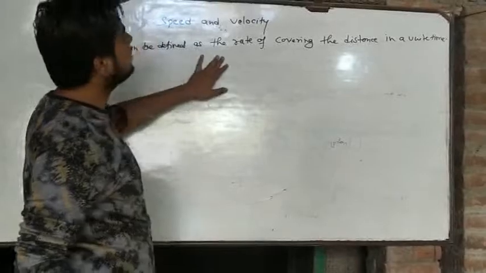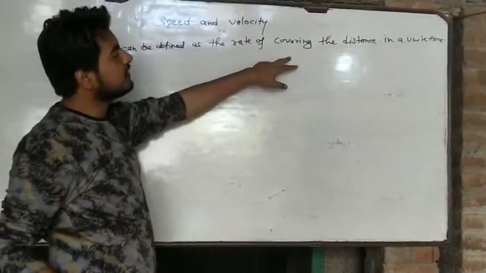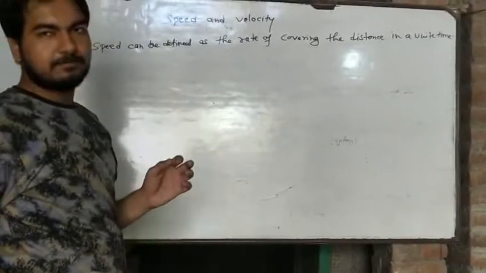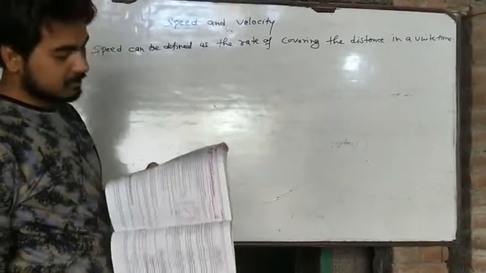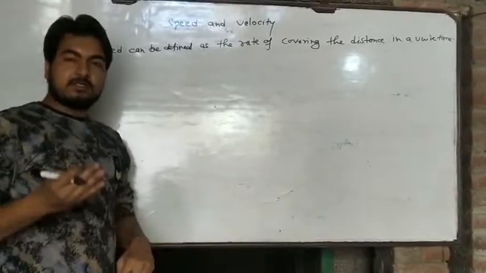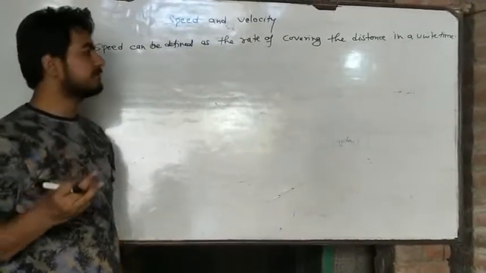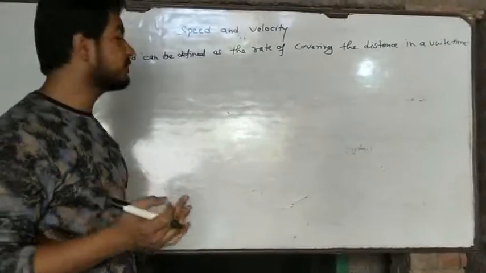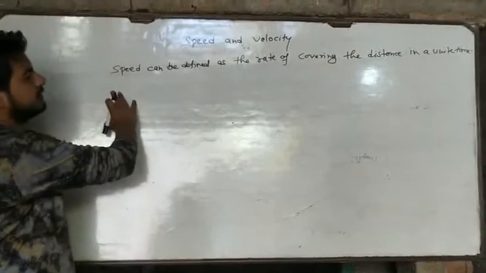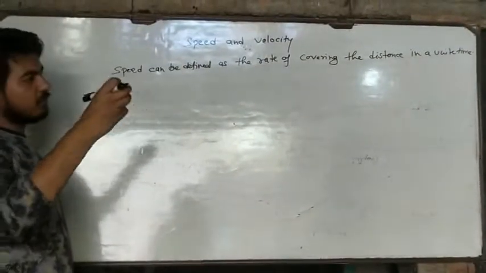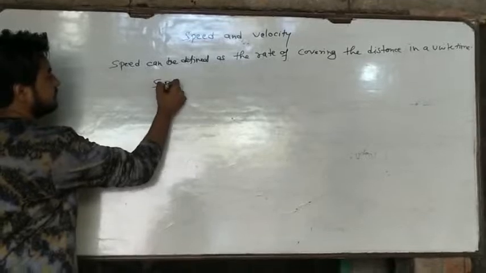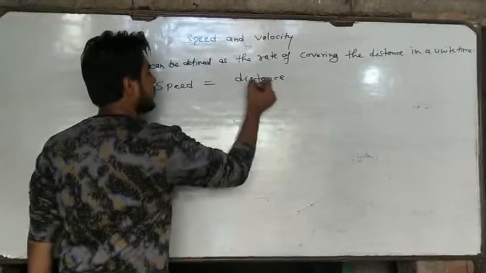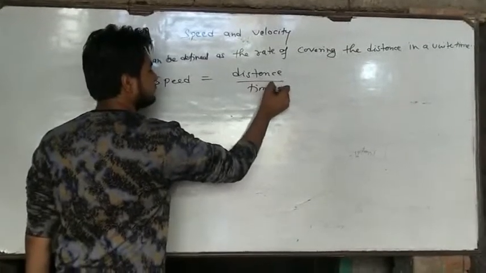Speed is the rate of covering distance in a unit time. The unit of time is second, hour, minute, and distance is length, meter. So speed is total distance upon total time.